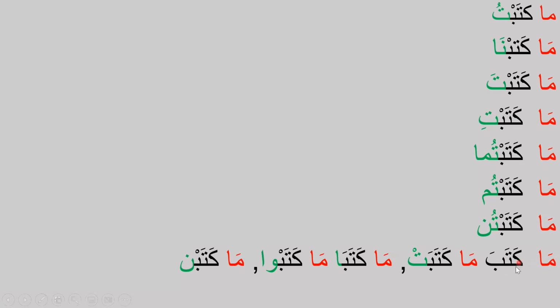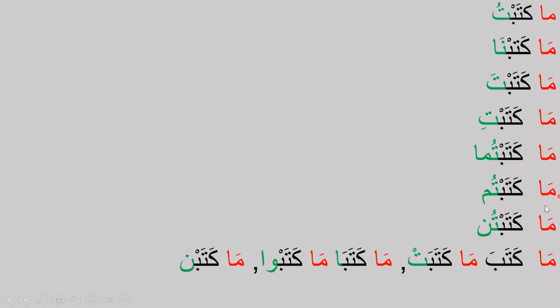So ma kataba, he did not write. Ma katabat, she did not write. Ma kataba, both of them did not write. Ma katabu, all of them, masculine plural, did not write. Ma katabna, all of them, feminine plural, did not write.